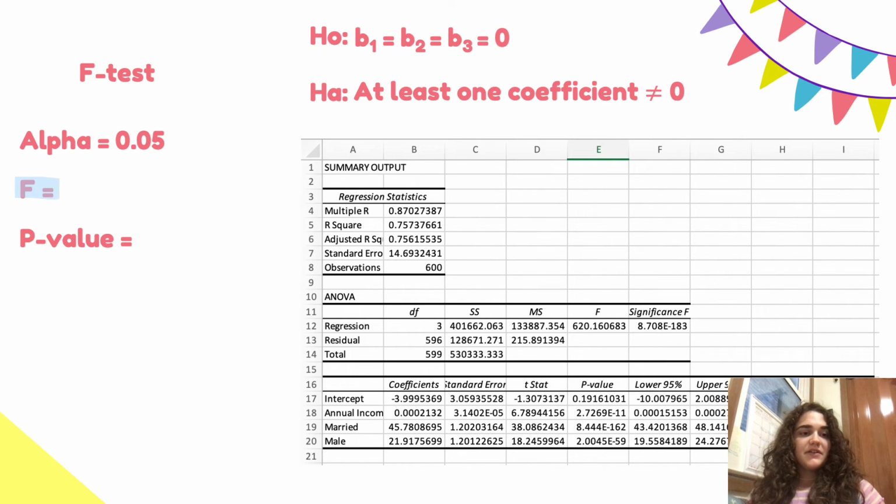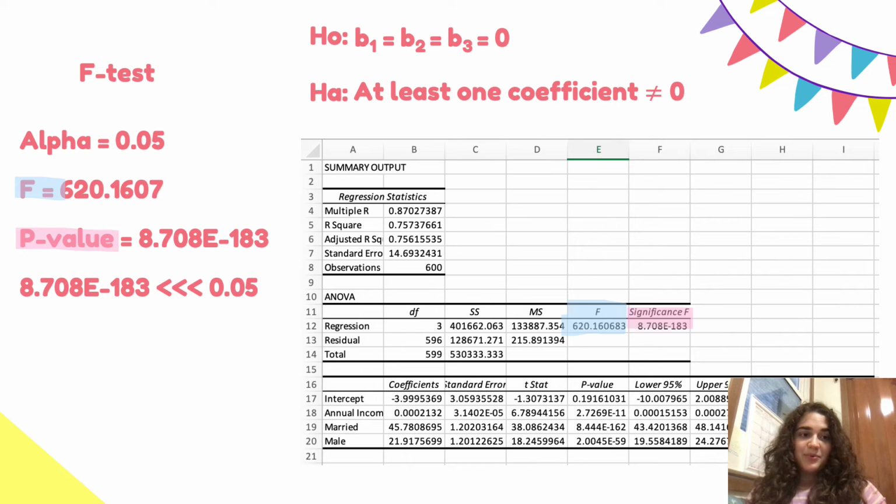Our f value can be found in our table right here under f, so we know that that is 620.1607. The p value is written in our table as the significance f, which is 8.708 e negative 183.